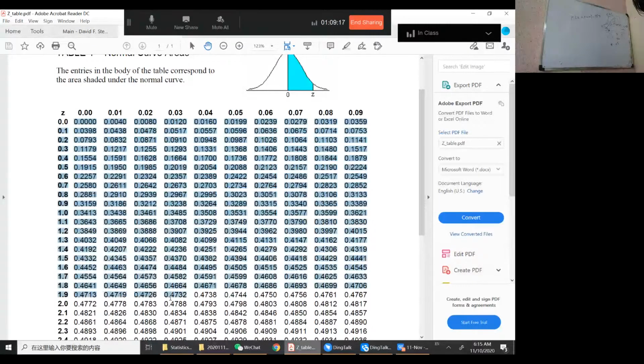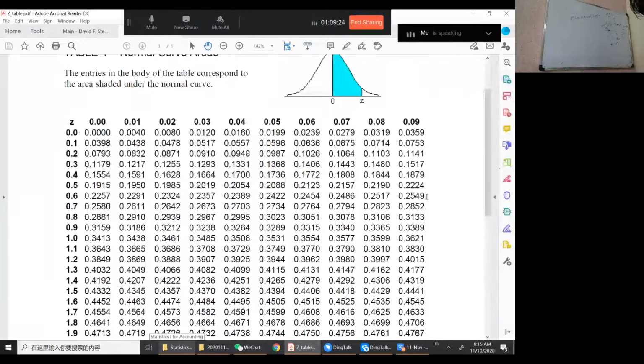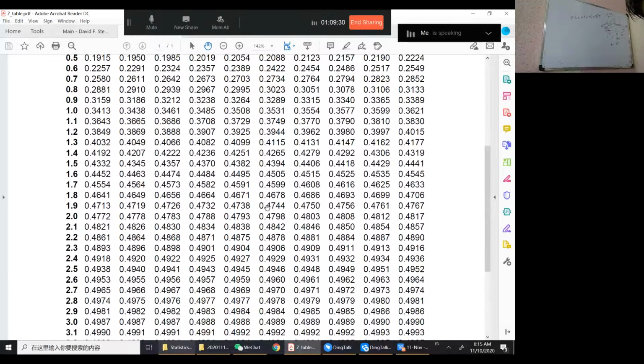Among these probabilities you have to check where it lies. So 0.4750. This is a bit of careful work, because if you write the probability against the wrong z value, it would be problematic. So 0.4750.